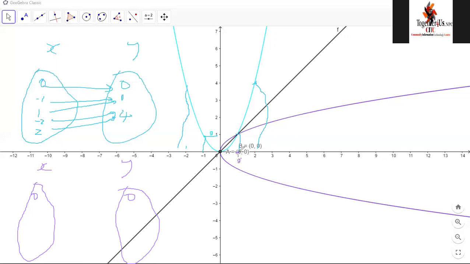If I have 1 for the X value, then I have 1 for Y value, but I also have a minus 1 for the Y value. So you see, here is the 1 positive, and here is the 1 negative. But this is for the same X value. So we've got a problem.